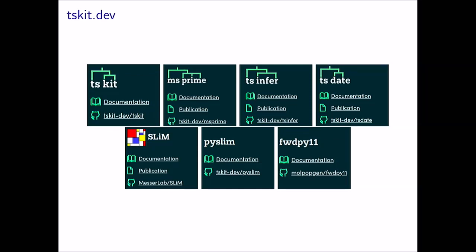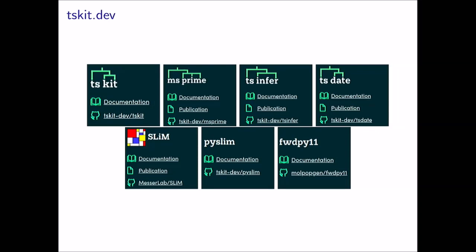msprime is a simulator which simulates ancestral graphs from the ancestral recombination graph, as well as a bunch of other models by now, and can generate synthetic data from them. TS-infer can take SNP data and give you a fitted ancestral graph, a fitted tree sequence to that data set. TS-date is used for dating the nodes in TS-infer.